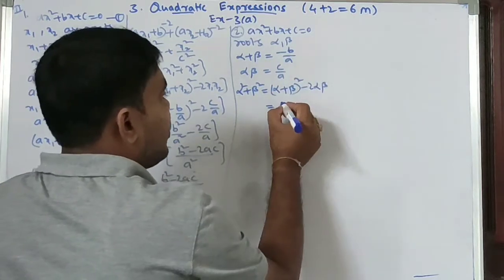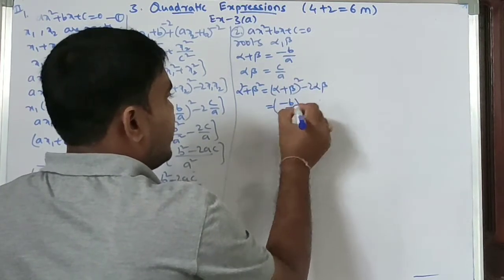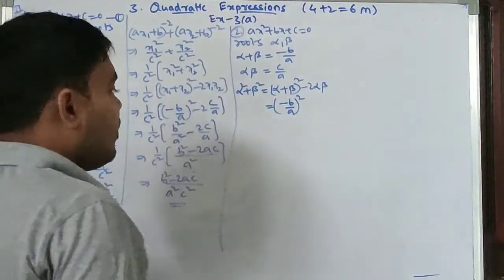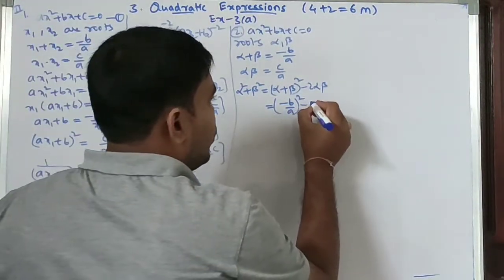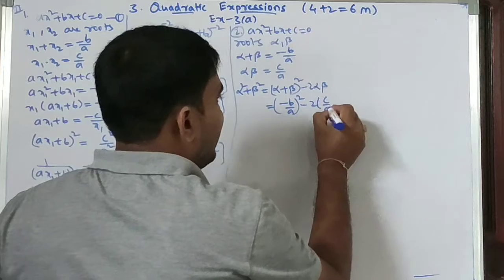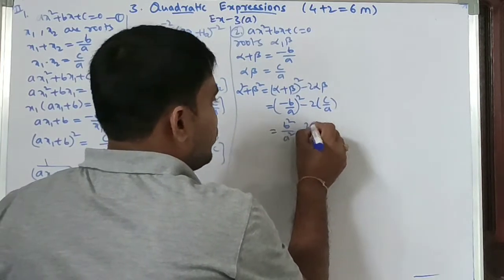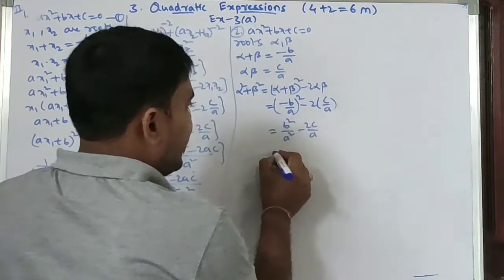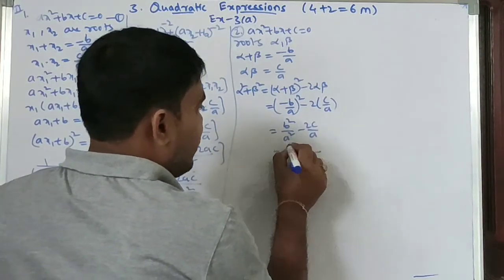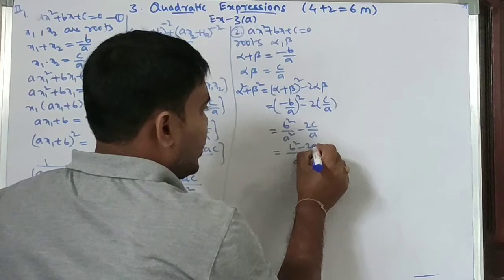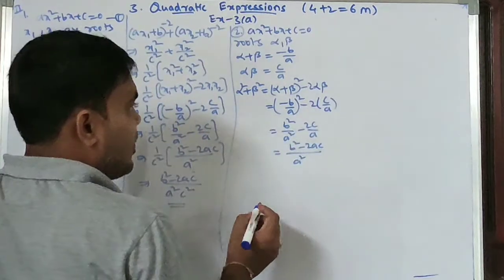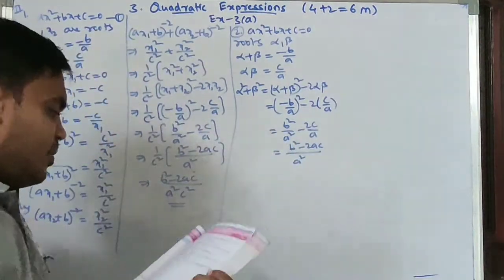Alpha + beta whole square equals (-b/a)² - 2 times alpha beta, c/a. So b²/a² - 2c/a. Taking LCM, (b² - 2ac)/a². This is alpha² + beta².